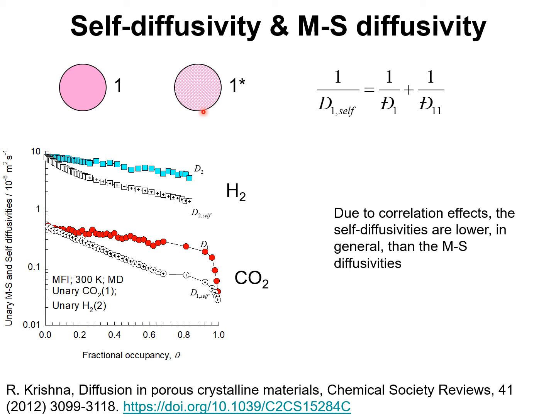In experiments it could be radioactively tagged, and if we consider diffusion in this binary mixture 1 and 1 star, the diffusivity one measures is normally called the self-diffusivity. The Maxwell-Stefan equations allow you to interrelate the self-diffusivity with the Maxwell-Stefan diffusivity.